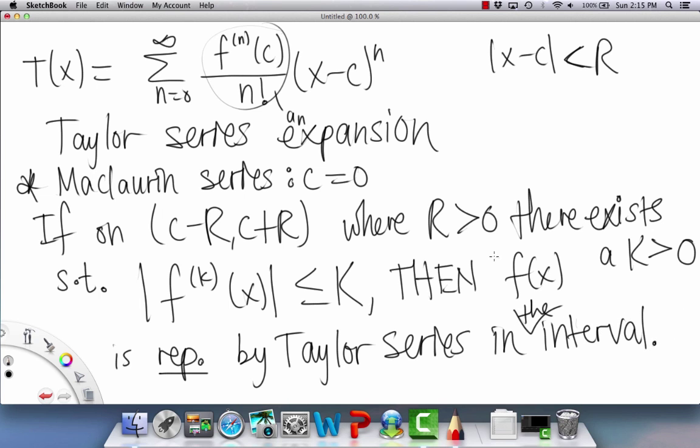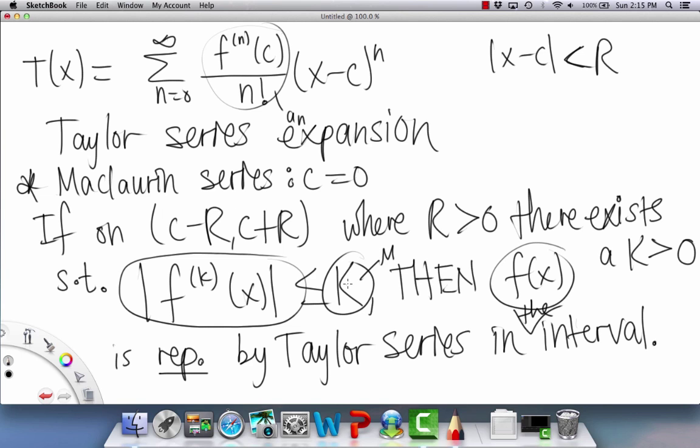Okay, so what this means is that if there exists some positive number such that all of the absolute values of the derivatives of a certain function stay below it, so this is an upper bound, right? That would be, remember our capital M? This is our upper bound.